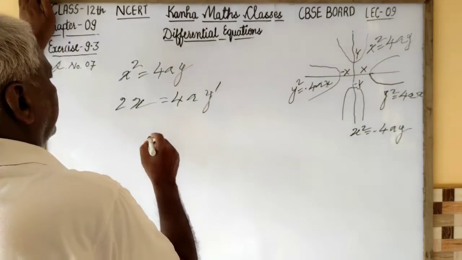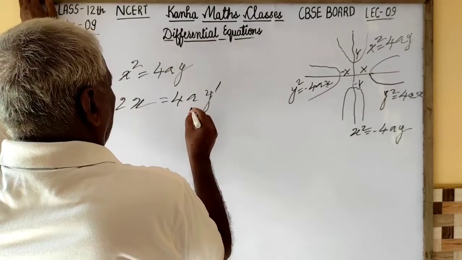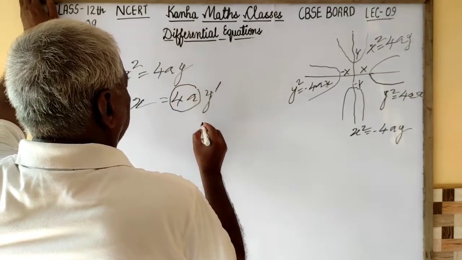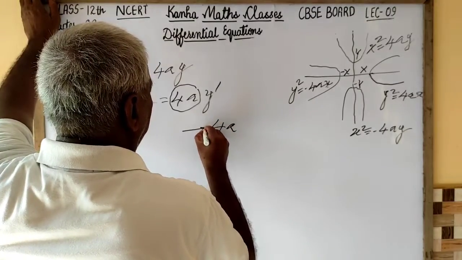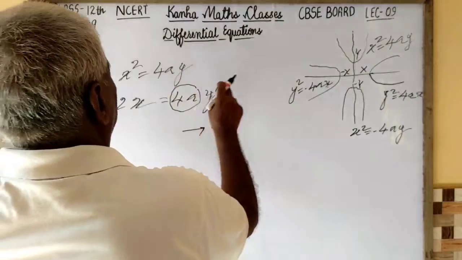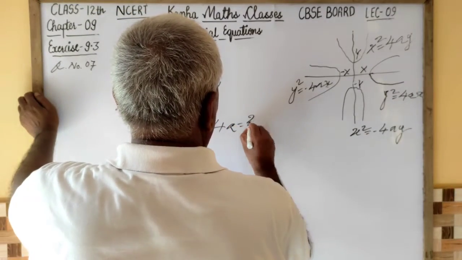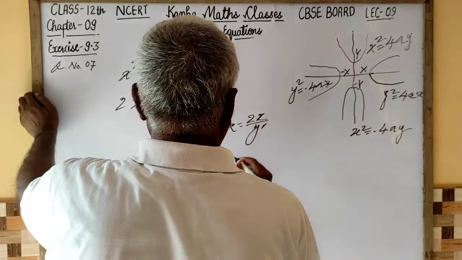From this equation we will separate the value of 4a, that is 4a is equal to 2x upon y dash.